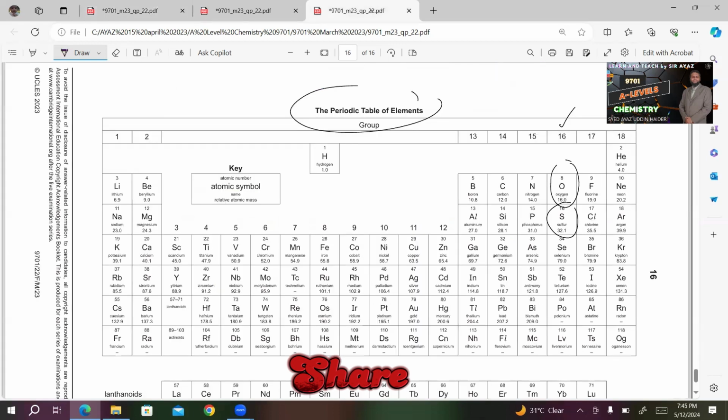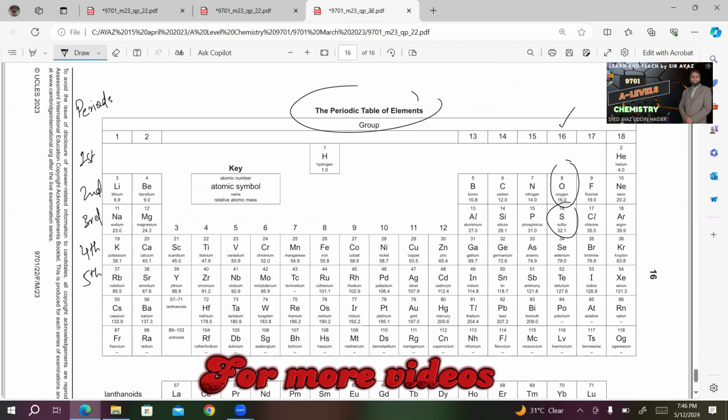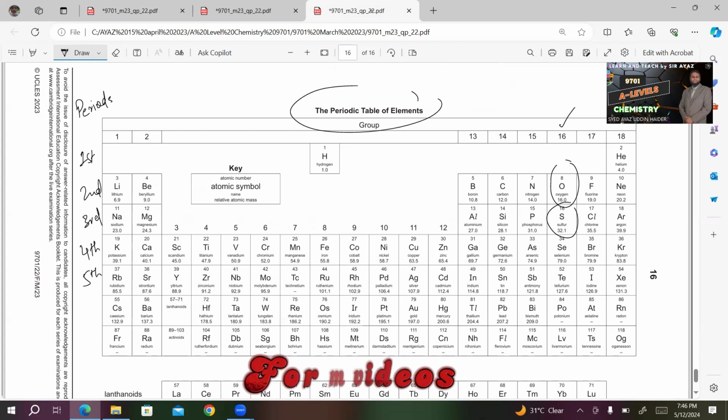Now, if you look at the position of oxygen and sulfur, oxygen is in the second period. These are the periods: first, second, third, fourth, fifth. Oxygen is in second period. Sulfur is in third period.